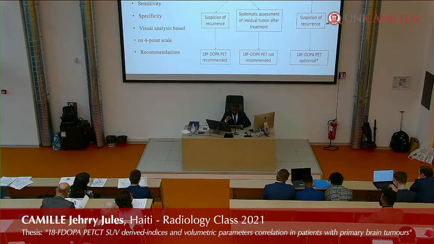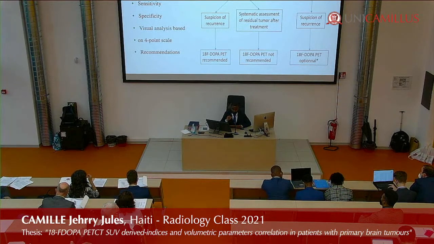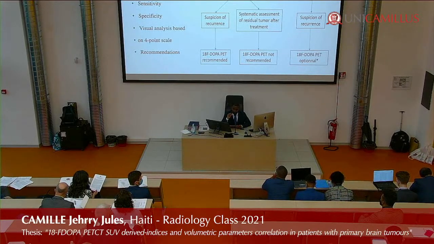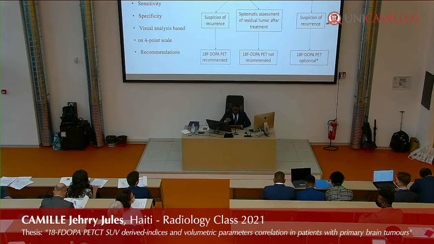To better distinguish low grade and high grade tumor, an SUV-max of 2.72 is optimal. Addition of the semi-quantitative analysis for 18F-DOPA, tumor striatal ratio, tumor normal white matter ratio, and tumor contralateral normal brain tissue ratio, improved specificity.